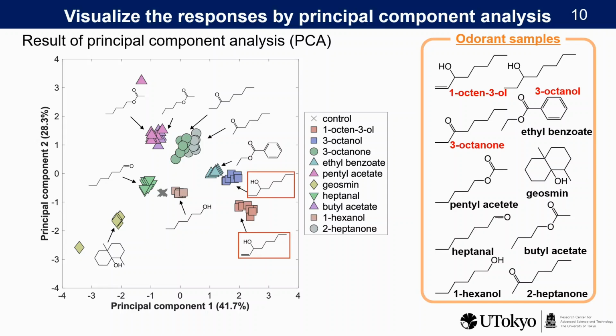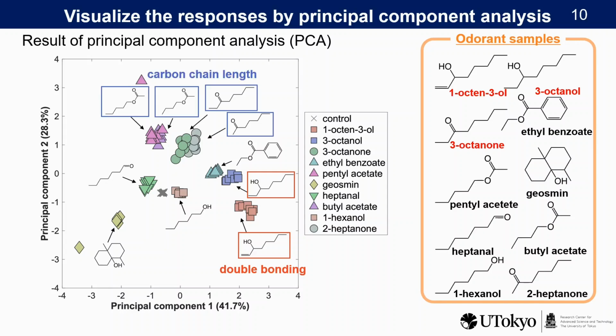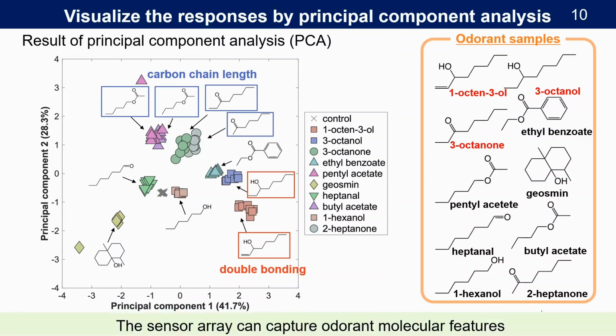For example, the difference between these two is the existence of a double bond, and for these two, the difference in carbon chain lengths. Therefore, this sensor array could be useful for odor component discrimination because of its ability to capture molecular features.